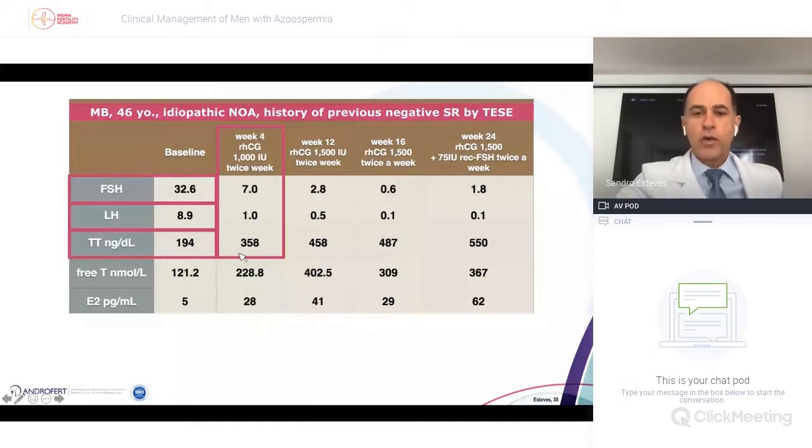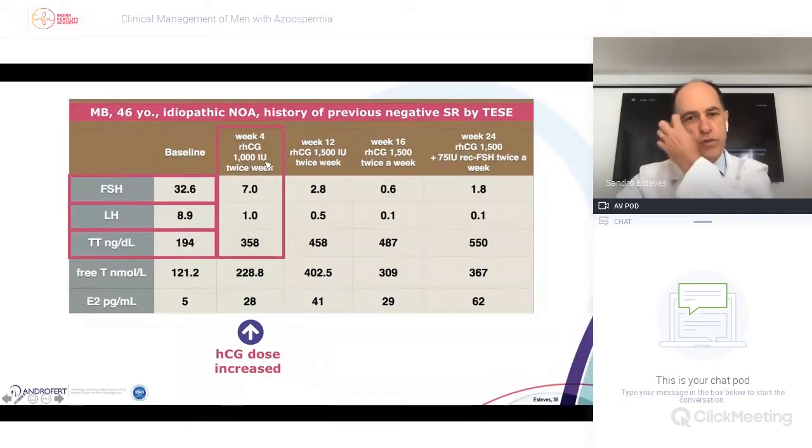This is a good result, but I was not quite satisfied. And I increased the HCG dosage from 1,000 international units twice a week to 1,500 international units twice a week.